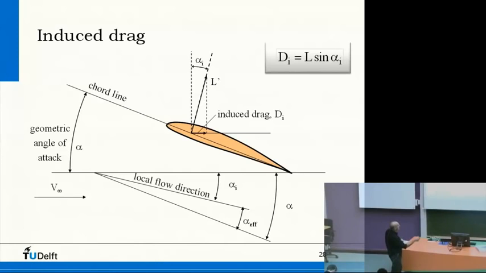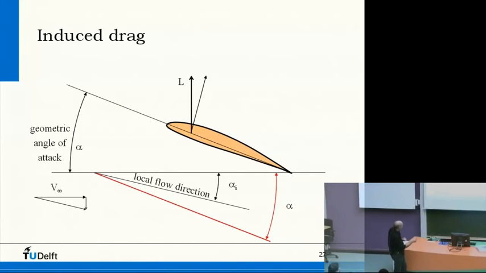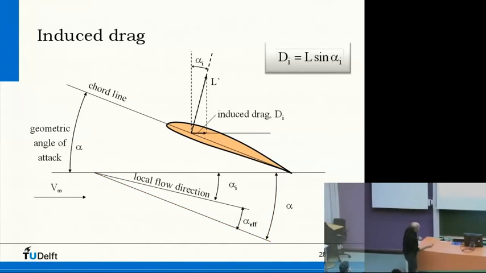And we call this an induced drag. And this rotation of the lift vector is due to this velocity here. And because it's in the drag direction, we call it induced drag.